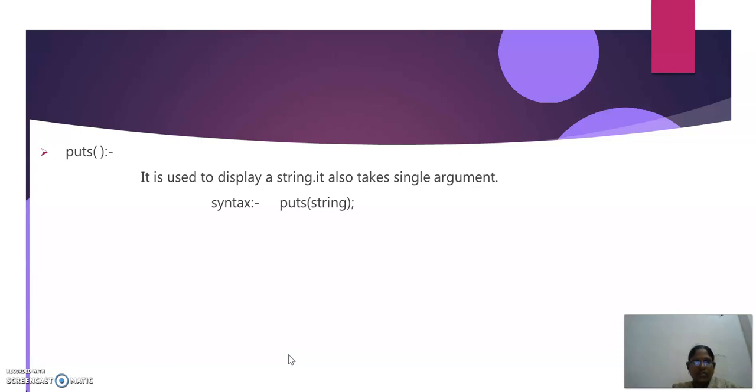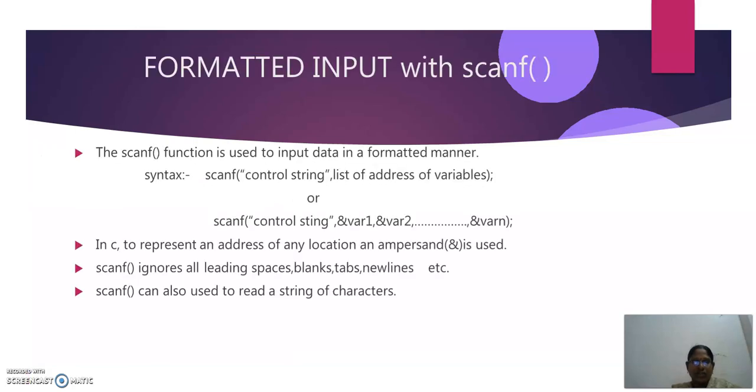It also takes a single argument, that is puts of string. So here gets and puts, the syntax will be same, whereas the keywords will be different. One is meant for input and the other is meant for output, and both are meant for the strings. Unformatted input output for reading of strings.